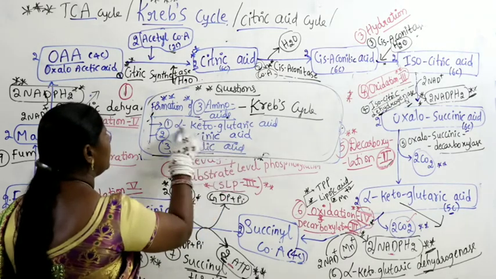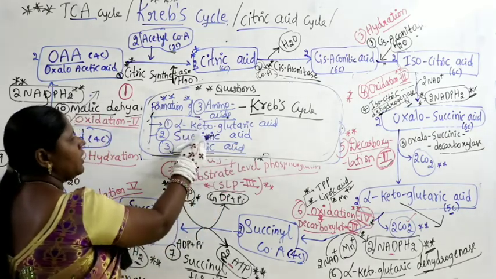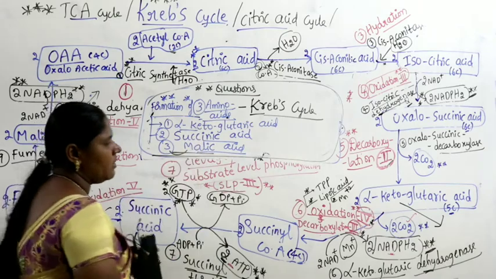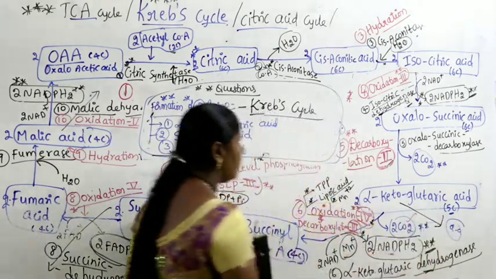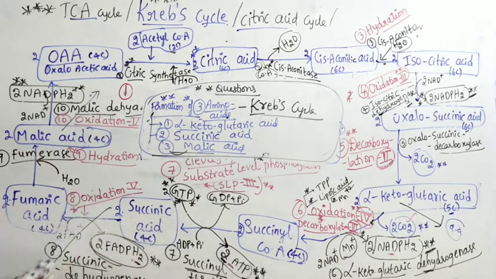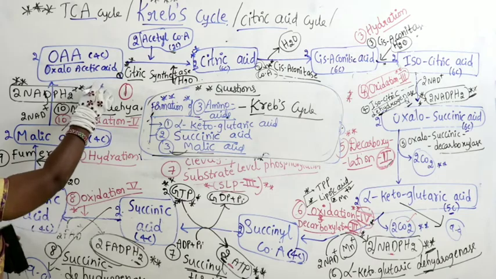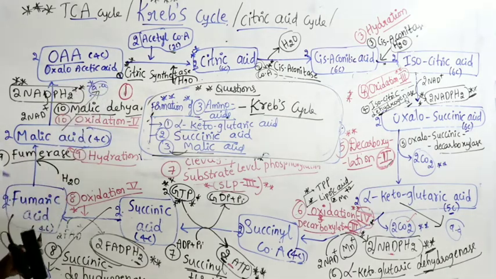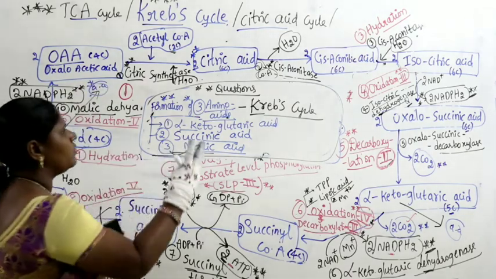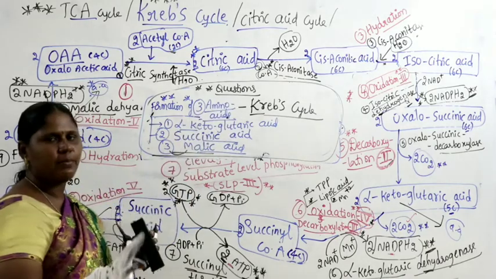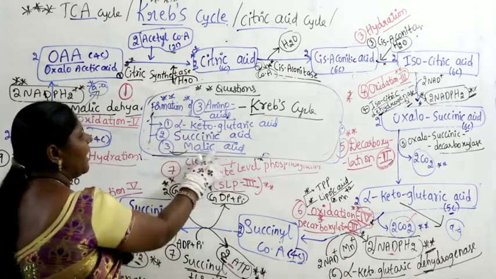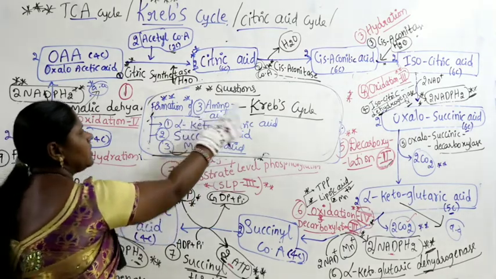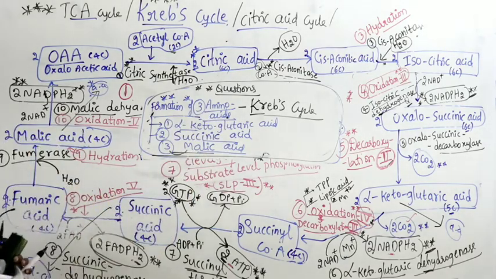So these are the 3 amino acids produced from 3 compounds in the Krebs cycle. From alpha ketoglutarate there is a formation of an amino acid, from succinic acid there is a formation of an amino acid, and from malic acid there is a formation of an amino acid. Very important.